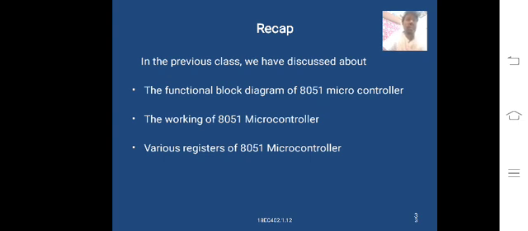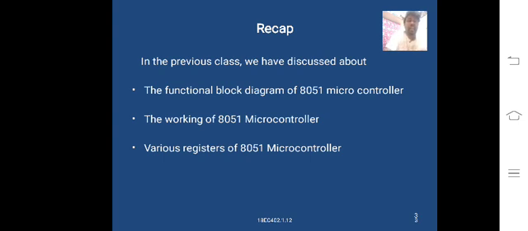For example, if there are 4 or 5 instructions, the first instruction is fetched and the address of that particular instruction is held. After execution of the first instruction, the program counter fetches the next instruction and holds the address of the next instruction, that is instruction 2.